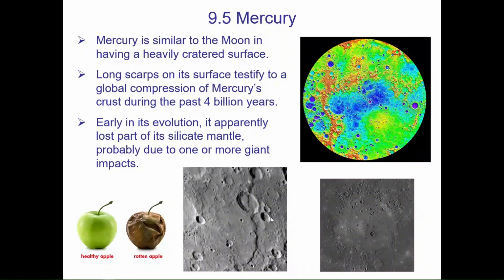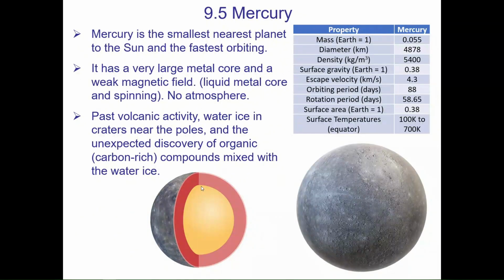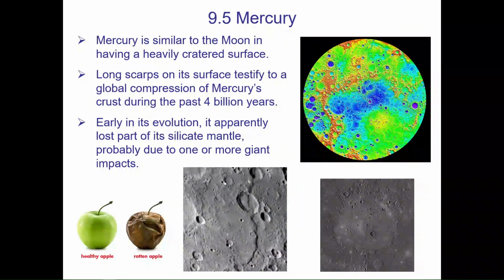Looking at Mercury overall, we believe its core is much larger, much more significant compared to Earth's. However, its mantle and crust together are much thinner. So we believe that early in its evolution, Mercury apparently lost part of its silicate mantle due to one or even more giant impacts.